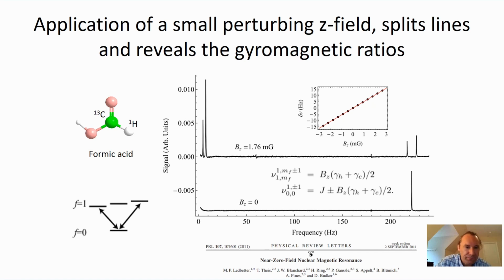There are two peaks here on the left part, for example, in the case of formic acid. One of the peaks is a transition that happens between the split lines because of the magnetic field, and the other one is simply protons oscillating around the magnetic field. Imagine you didn't have any J coupling, you only had water, for example.